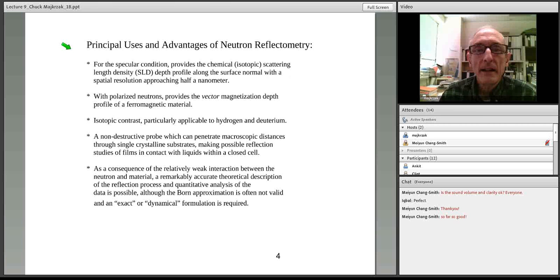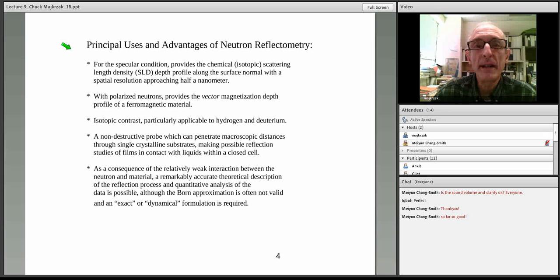So, one of the first things to keep in mind is that a very special condition exists called the specular condition, where the angle of incidence is equal to the angle of reflection. As we will discuss in more detail, this means basically that the momentum transfer of the neutron with the object it's scattering from is normal to the surface.